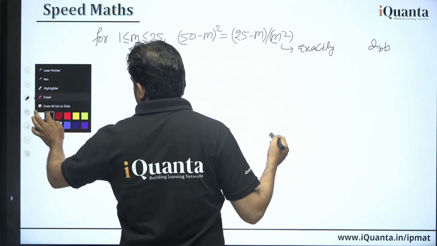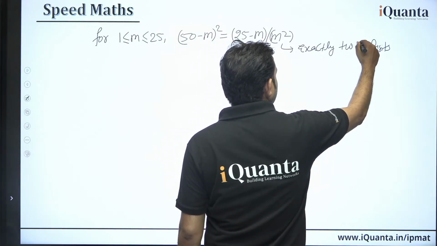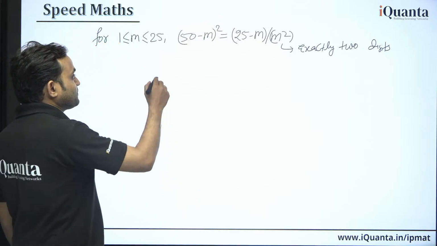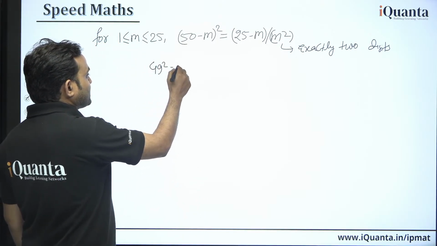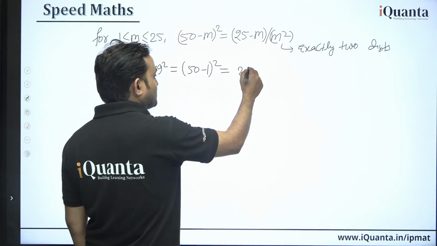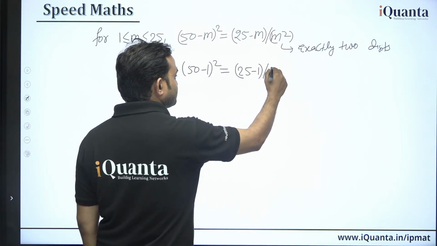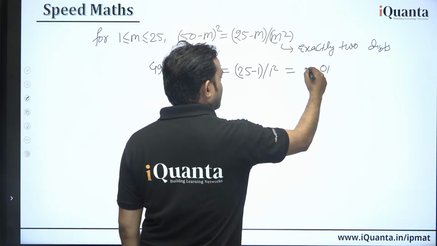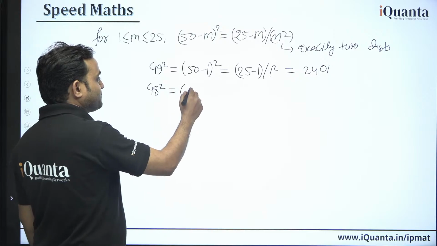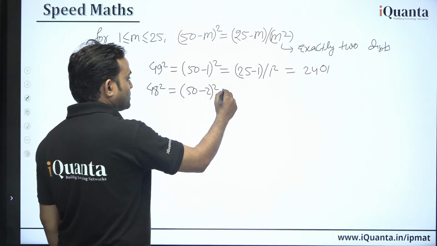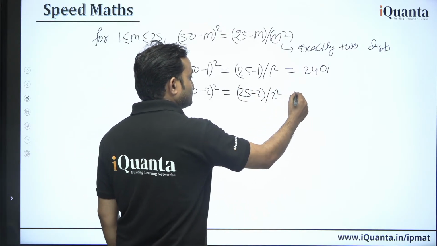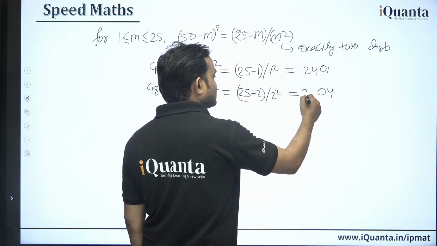The only difference is instead of 25 plus m, we are going to use 25 minus m. So what will be 49 square? 49 square can be written as 50 minus 1 whole square. This will be equal to 25 minus 1, then 1 square. So this will be 2401. 48 square is 50 minus 2 whole square, which will be 25 minus 2, then 2 square. 2 square is 04 and this is 23.